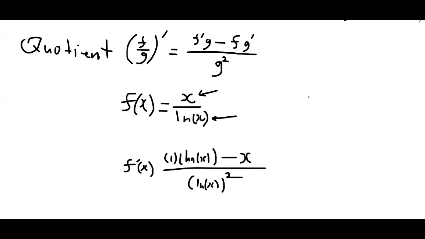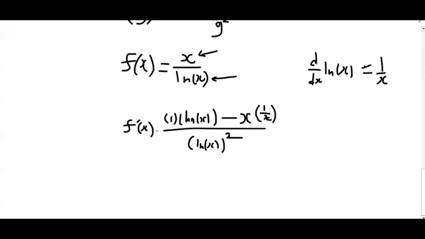So the derivative of ln of x with respect to x is 1 over x. So I'm going to go ahead and multiply that here.